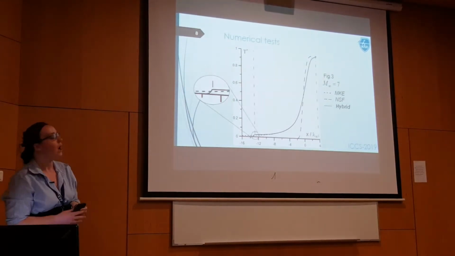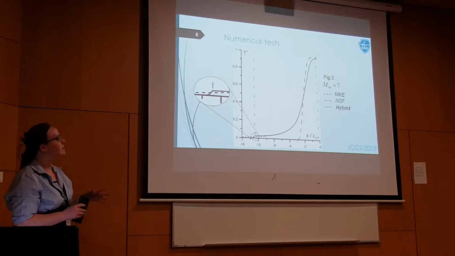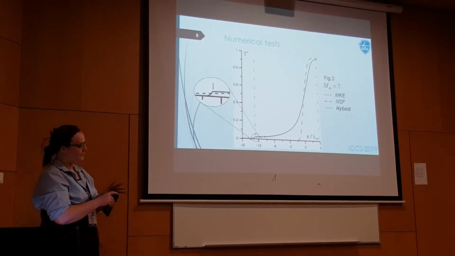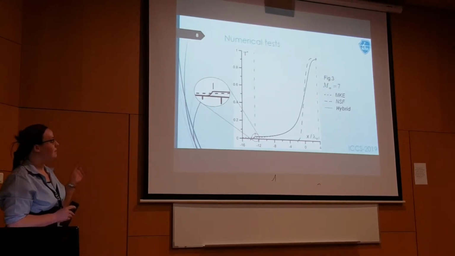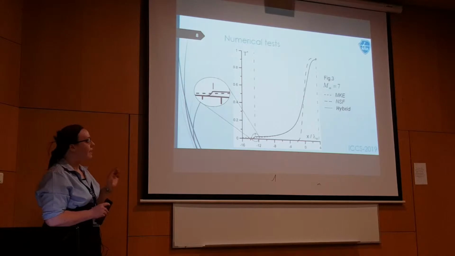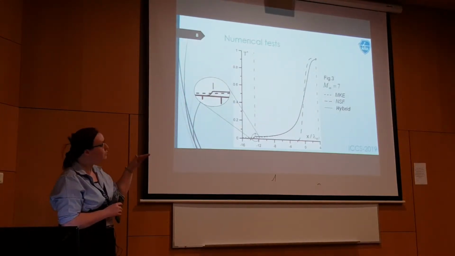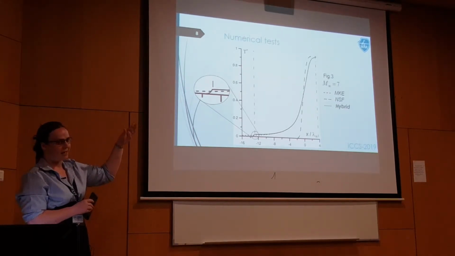But then when we went to a Mach number equal to 7, even if we used a wide range of the kinetic region, we had the derivative discontinuity. But then you can see that the two models, the hybrid and the MKE model, almost coincided.